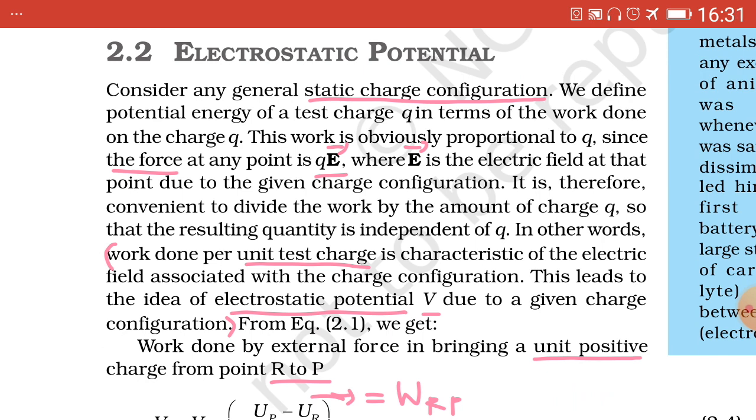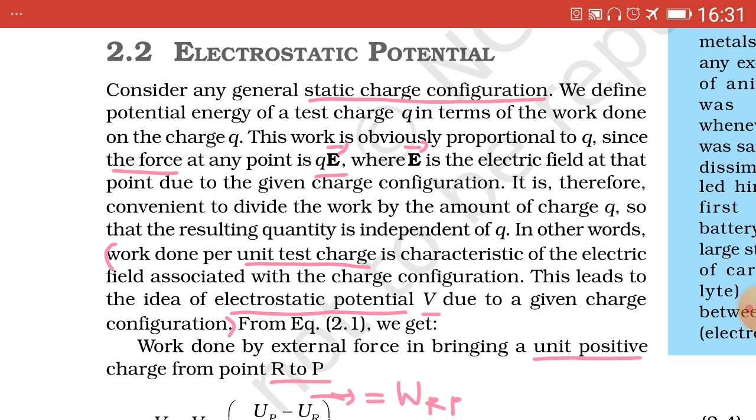Now work done per unit test charge is the characteristic of the electric field associated with the charge configuration, and this leads to the idea of electrostatic potential, denoted by capital V, due to a given charge configuration.